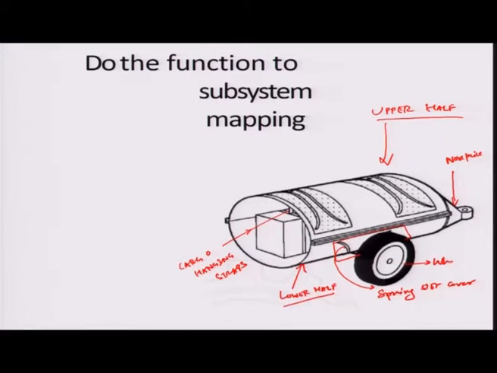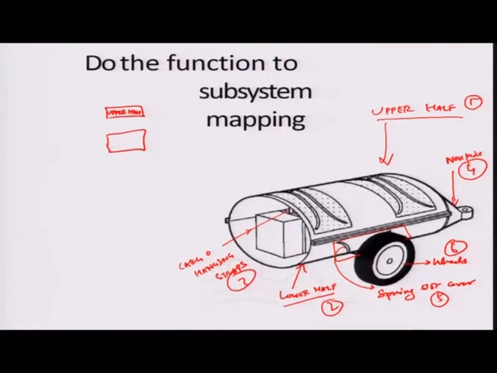Okay. So, now what we see is that if I wanted to do a subsystem level mapping of all the different functions, we will realize that there are multiple functions done by individual components. So, right now for example, there are at least 6 different items which are being listed here, and if I looked at how these 6 items would perform in terms of functionality towards the design, let us actually look at that mapping. So, we have the upper half here, okay, and then we have again the lower half.